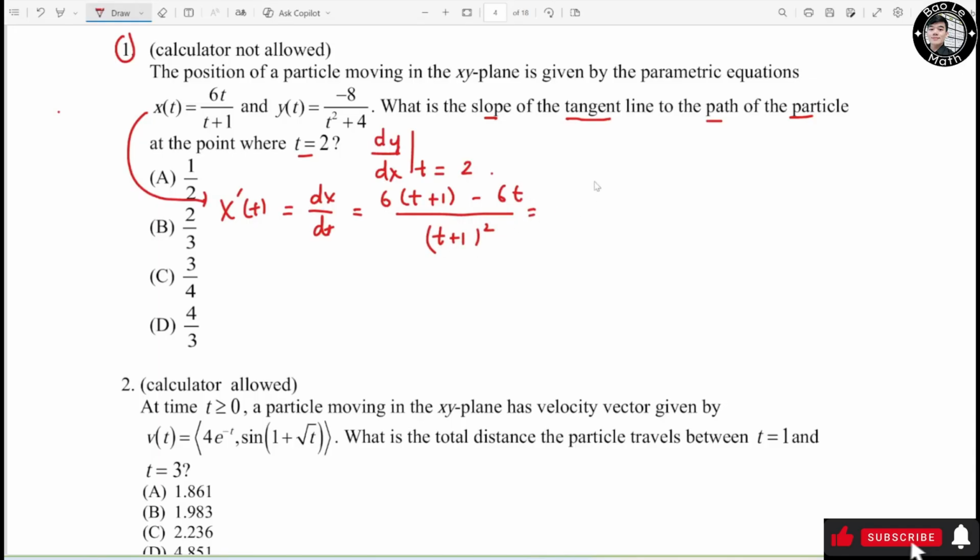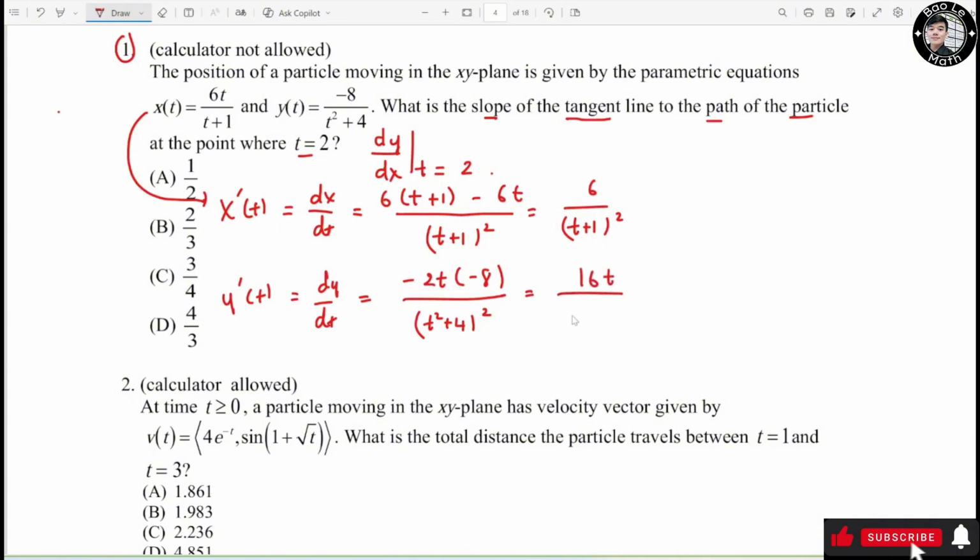So it's going to be 1 over (t plus 1) altogether squared, right? y prime of t equals dy over dt. It's going to be minus 2t times negative 8 over (t squared plus 4) altogether squared, right? So it could be 16t over (t squared plus 4) altogether squared, right?